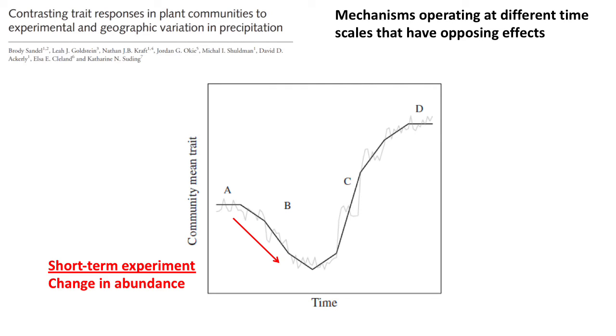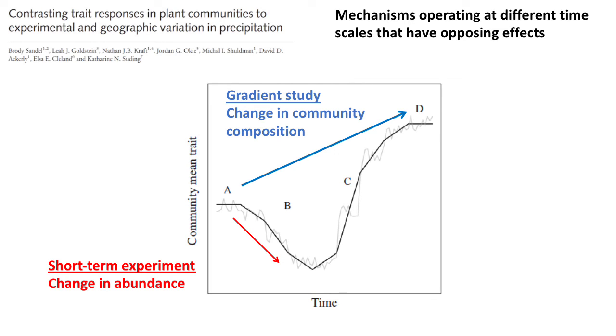Recall the short-term experiment resulted in one directional change in abundance of traits. The gradient study that they conducted, which is looking across different communities, showed those traits change in a different direction with precipitation. So precipitation addition in the short-term experiment reduced the mean traits. Precipitation increases across the gradients increased those traits.